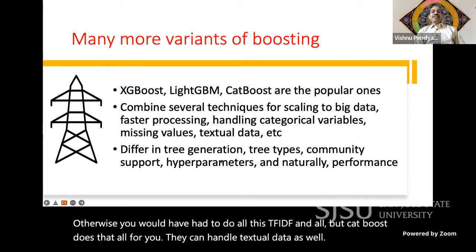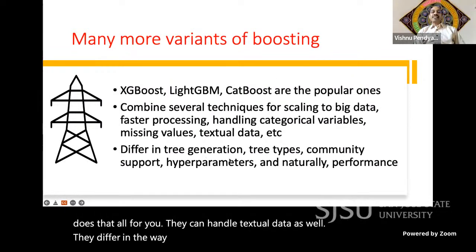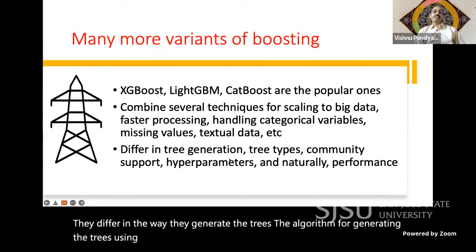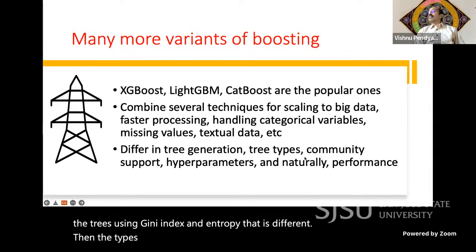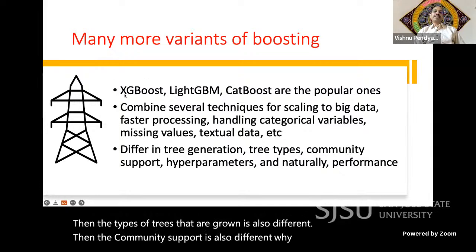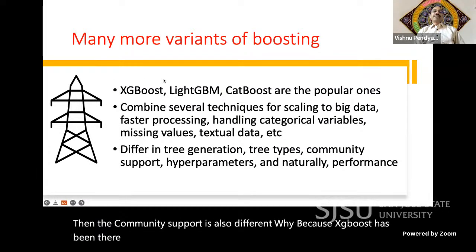Now, they differ in the way they generate the trees. The algorithm for generating the trees using Gini index and entropy is different. Then the types of trees that are grown are also different. Then the community support is also different. Why? Because XGBoost has been there for a long time, so there's a lot of community support for XGBoost.